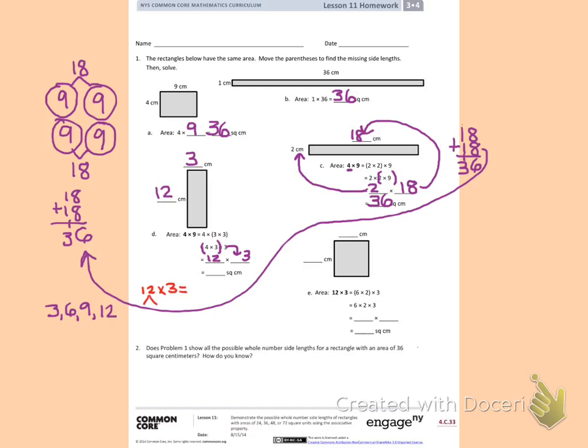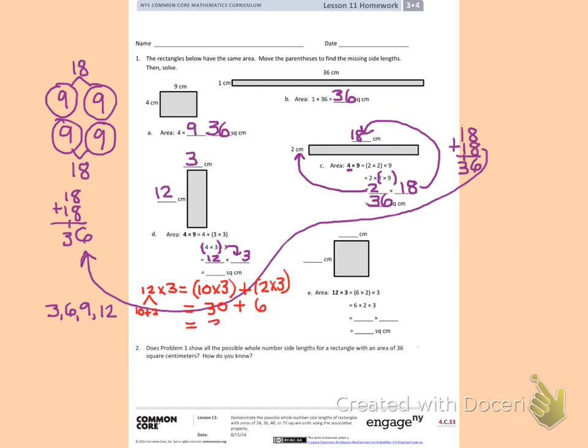Decompose the 12 to be a 10 and a 2. So 12 times 3 is the same thing as 10 times 3 plus 2 times 3, which is the same thing as 10 times 3 is 30, and 2 times 3 is 6.